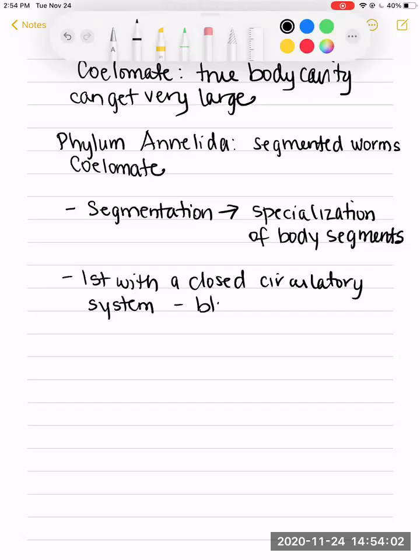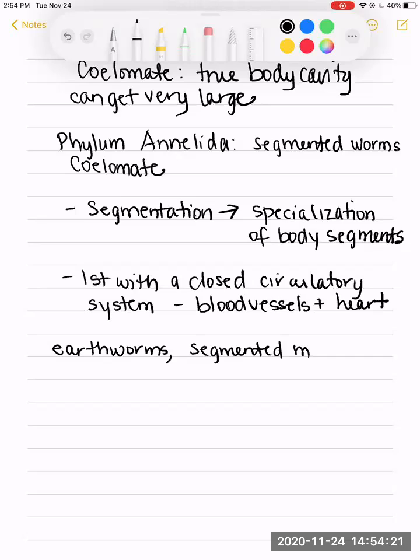They have blood vessels and they have a heart. Who does this include? It includes the earthworms, several different types of segmented marine worms, and it includes leeches, which are parasitic.